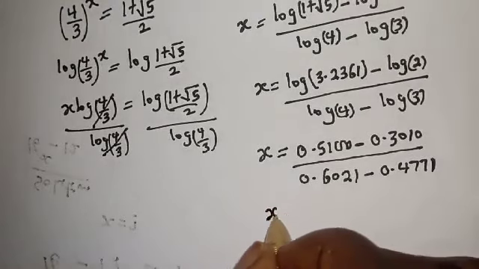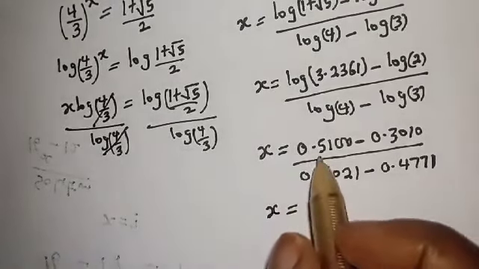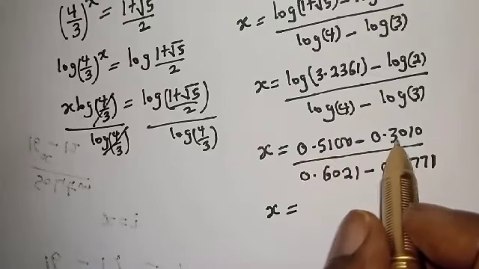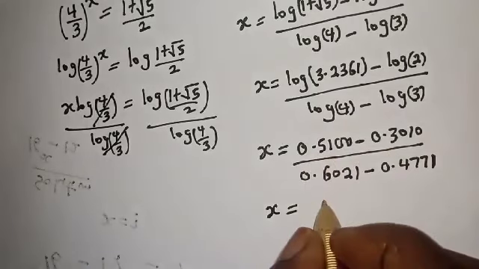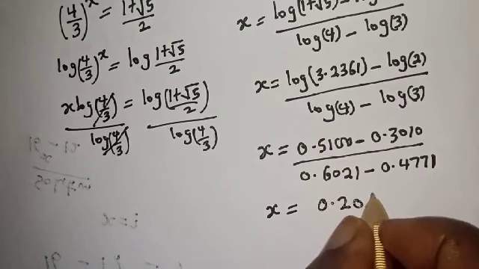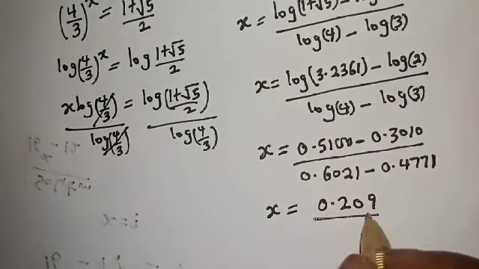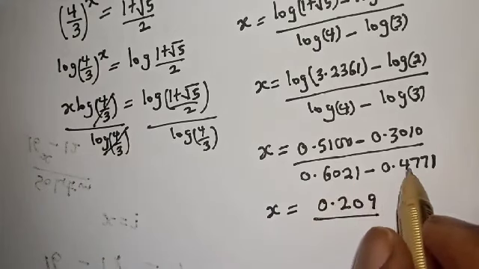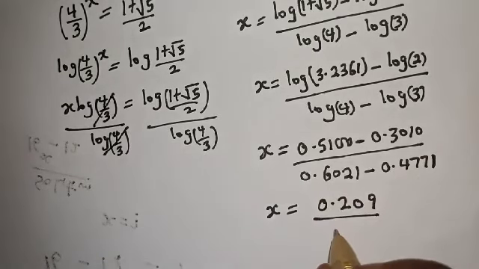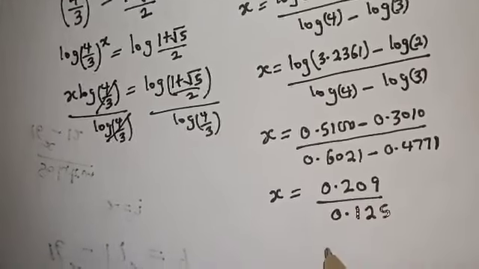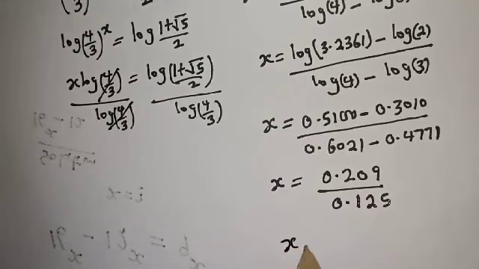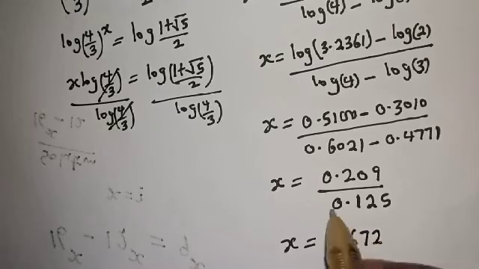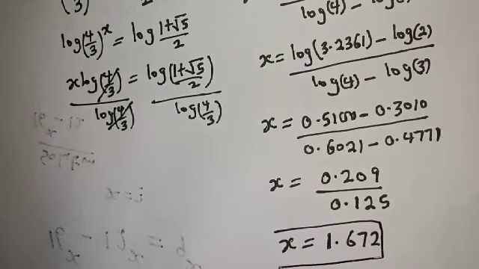Then x is equal to 0.5100 minus 0.3010, that is 0.2090, divided by 0.6021 minus 0.4771, that is 0.125. Then x is equal to, if you divide this by this, we have 1.672, and this is the final answer.